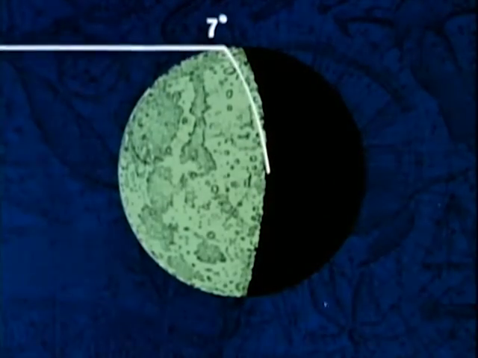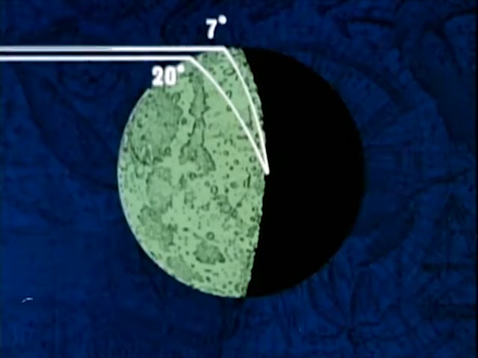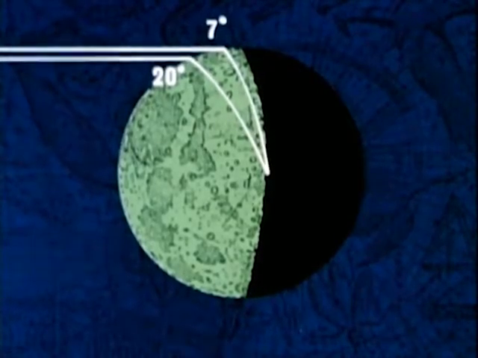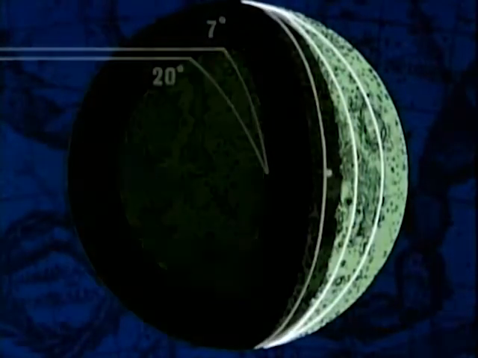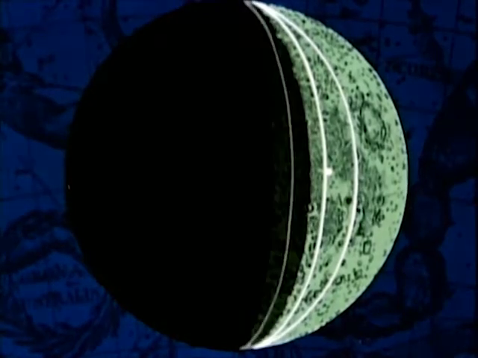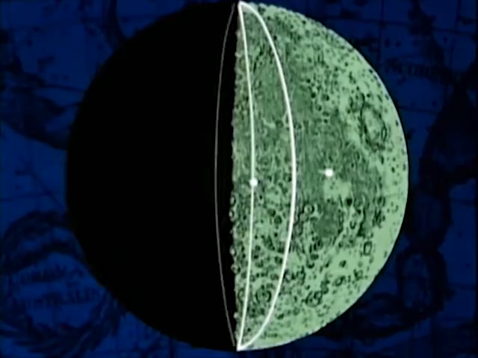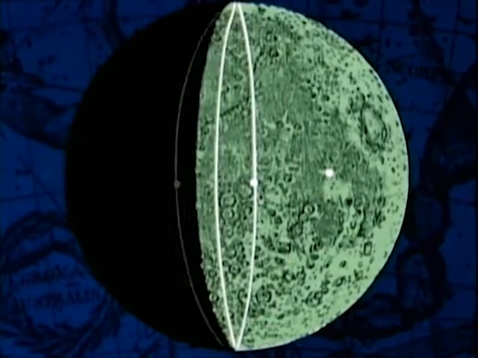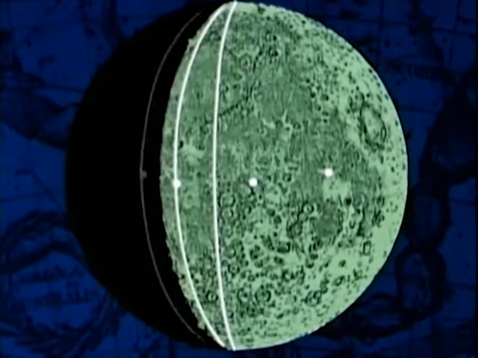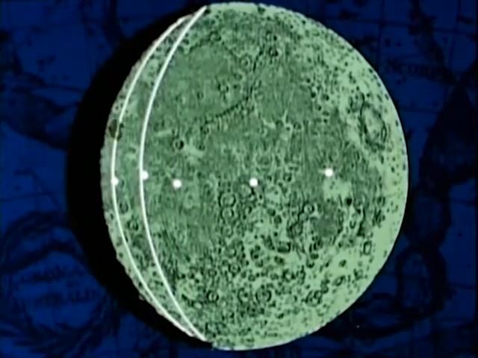In order to provide the landing crew with best possible visibility during landing, the sun elevation angle must be between 7 and 20 degrees, or within a 13-degree range. Since the moon rotates at about 13 degrees per day, this means that any particular landing longitude is open only 1 day per lunar month, if the lighting constraint is not to be violated. It can therefore be seen that any specific landing site is available only 1 day per month.